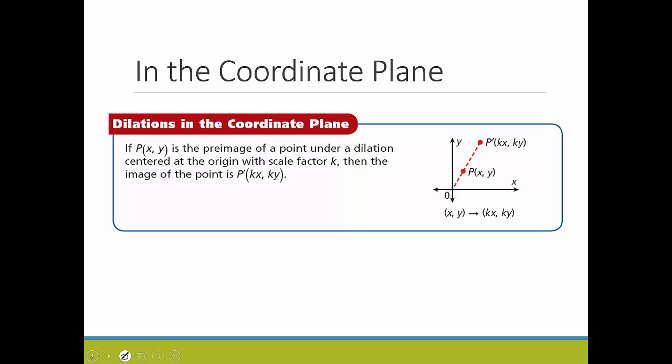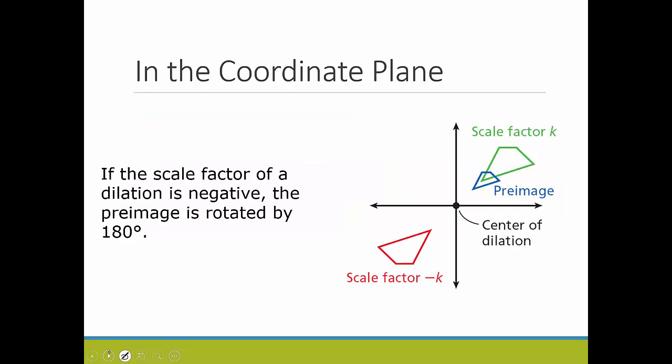Now let's do it in the coordinate plane. If you have a point that's a preimage under a dilation centered at the origin with a scale factor of k, then the image is just you multiplying k by your point, which is pretty awesome. Not a lot to remember. If the scale factor of a dilation is negative, the preimage is rotated by 180 degrees.